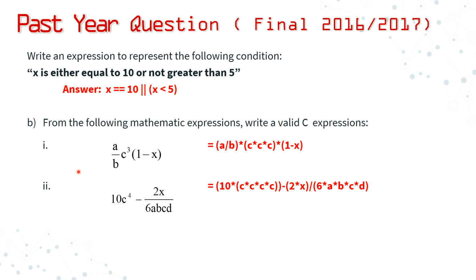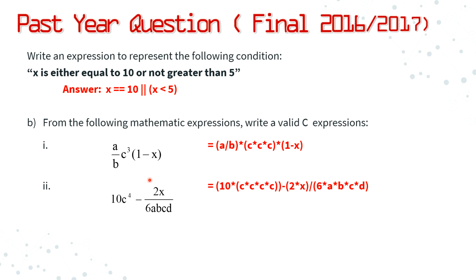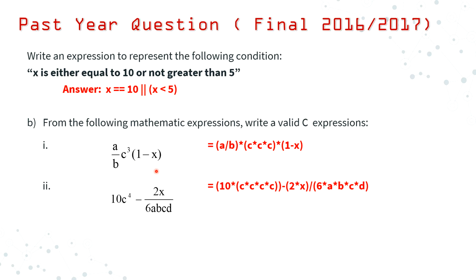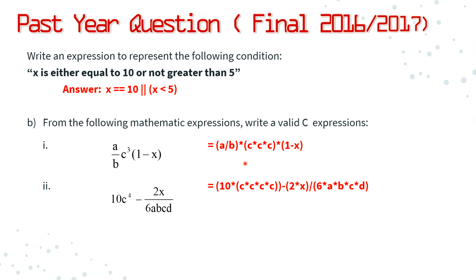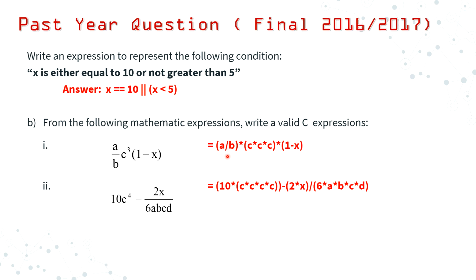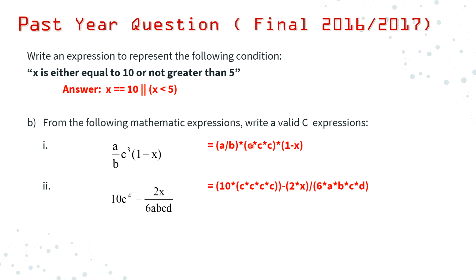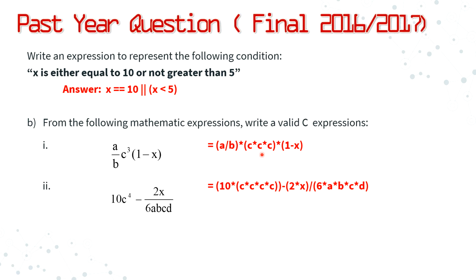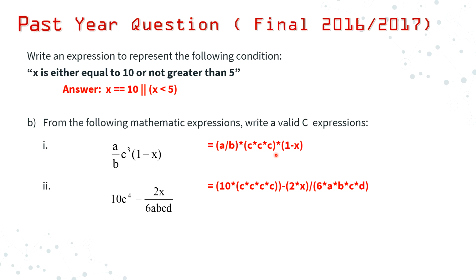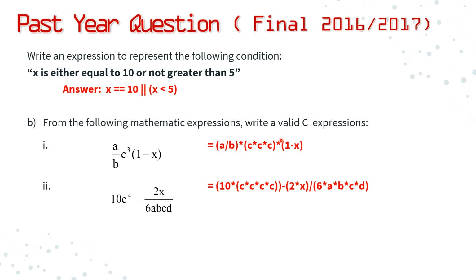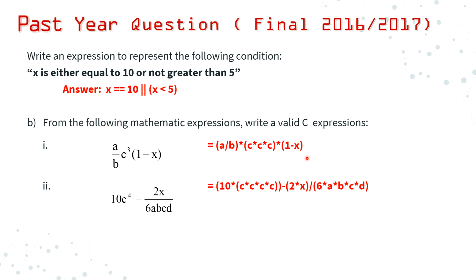For equation 1, the valid C expression is written like this: a divided by b in parentheses, multiplied by c, multiplied by c, multiplied by c, and then multiplied again by the parentheses of 1 minus x.